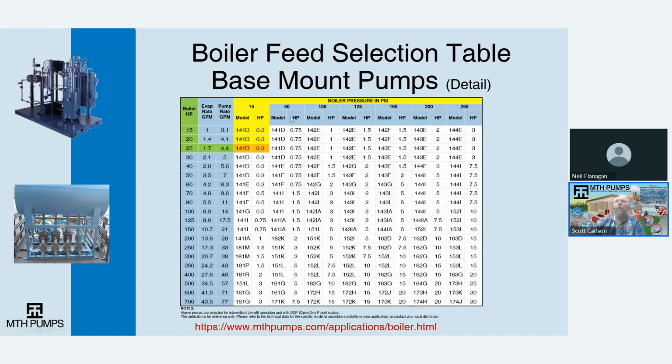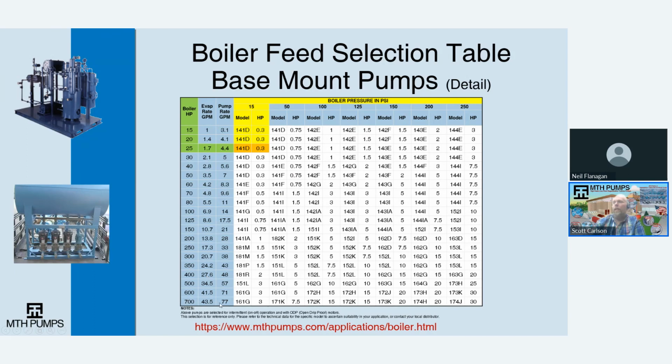The main difference between the close coupled pumps and the flex coupled pumps, besides some of the pressures, is that the T series are all close coupled and they run at 3450 RPM, where all of our flex coupled pumps run at 1750 RPM, so half the speed for the driver.